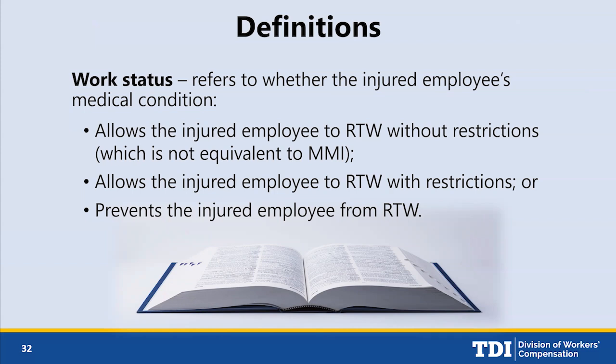Maybe they can work in a limited capacity or a limited number of hours, maybe only standing and no climbing, or maybe no reaching. It just depends on their situation, their injury. Number three, that compensable injury, we think about it as a payable injury, prevents the injured employee from returning to work at all.